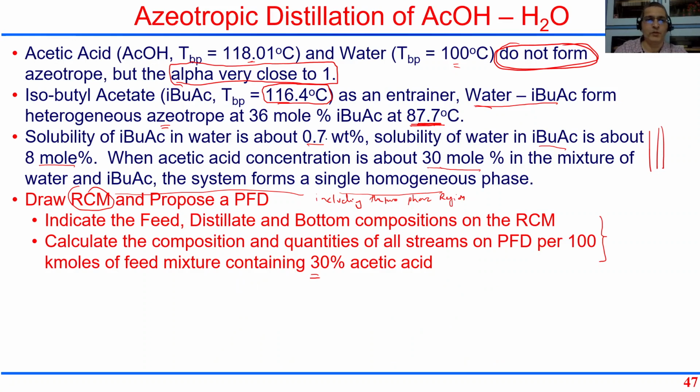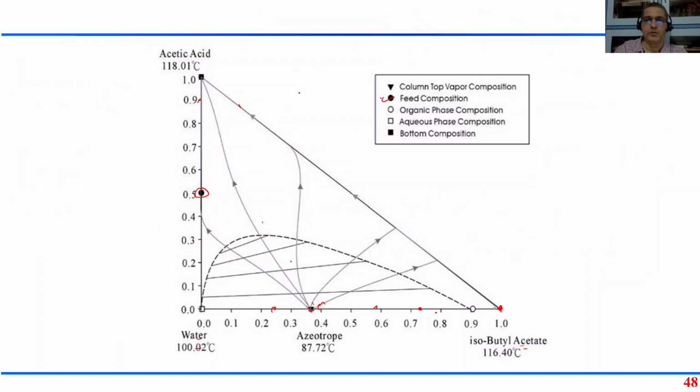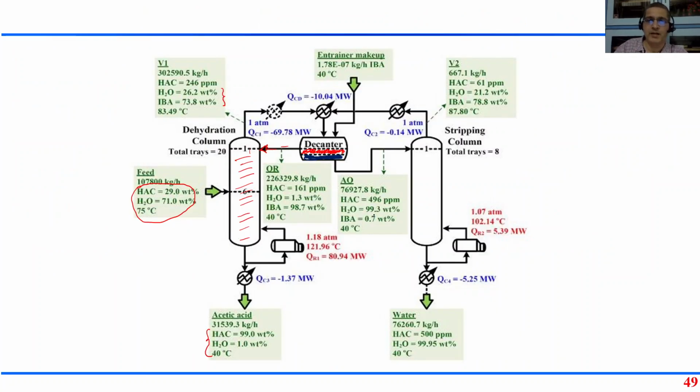You see how much butyl acetate is soluble? 0.7%. Butyl acetate is soluble in water, 0.7%, you recall. So this stream is essentially 99.3% water, 0.7% butyl acetate.